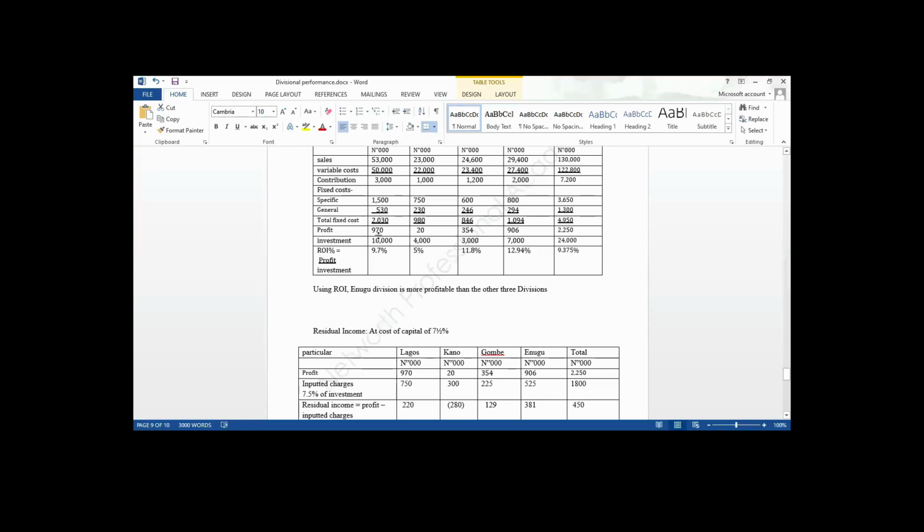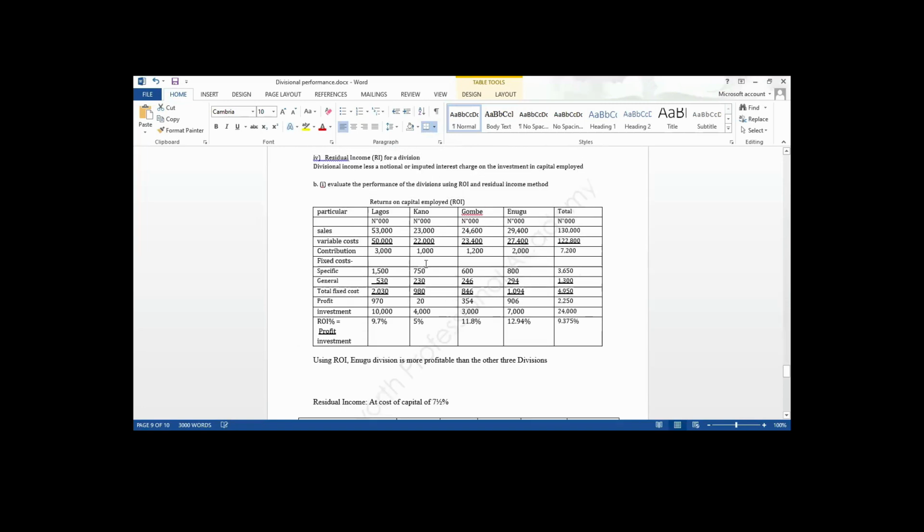Return on investment: profit over investment, multiply by 100. Return on investment for Lagos 7.9.